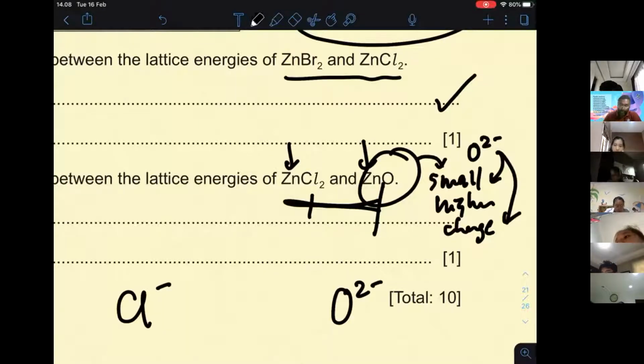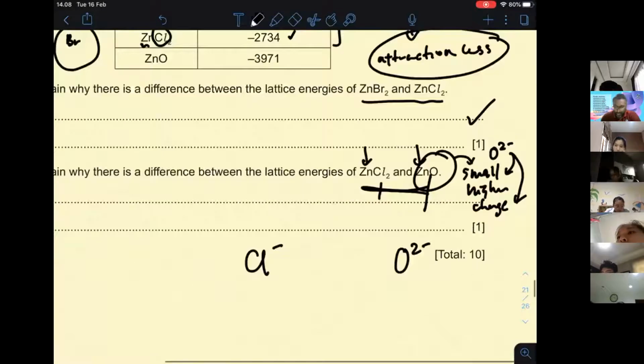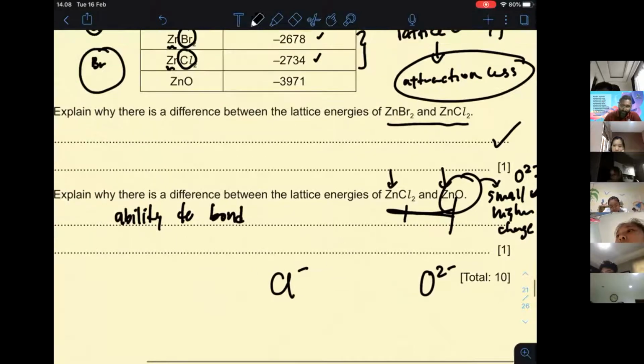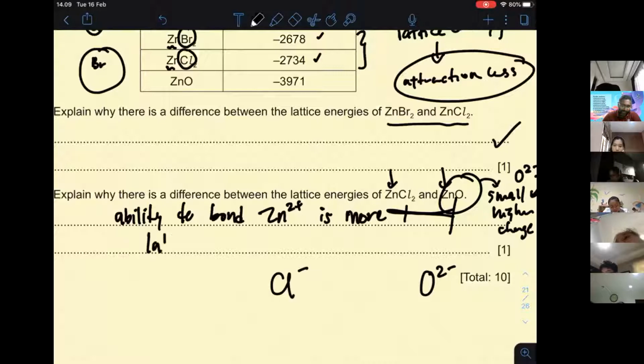Because they are small and having higher charge, it means the ability to bond with zinc is more. So if there is going to be more ability, therefore the lattice energy will become bigger. Which one will be bigger, zinc chloride or zinc oxide?